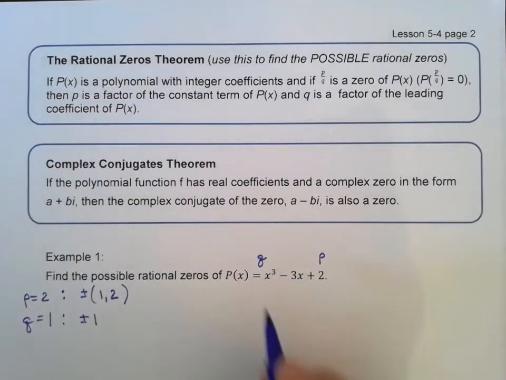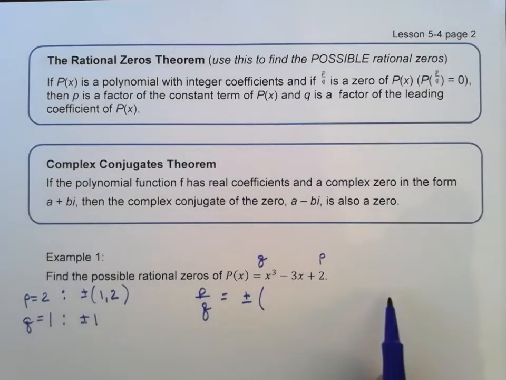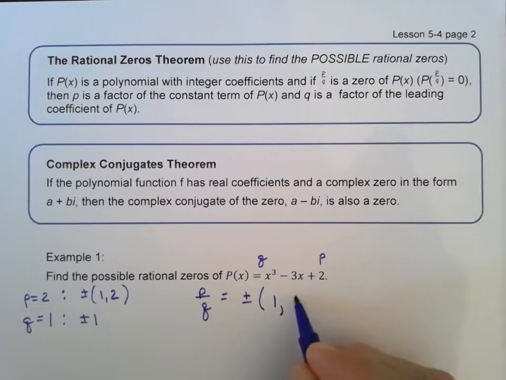To make our list, we have to do all of our p's over all of our q's. Now sometimes these lists are kind of long, so your p over q list gets pretty long too. P over q is going to be plus or minus. Always do plus or minus and then make your list. We have 1 over 1, which is 1, and we have 2 over 1, which is 2.